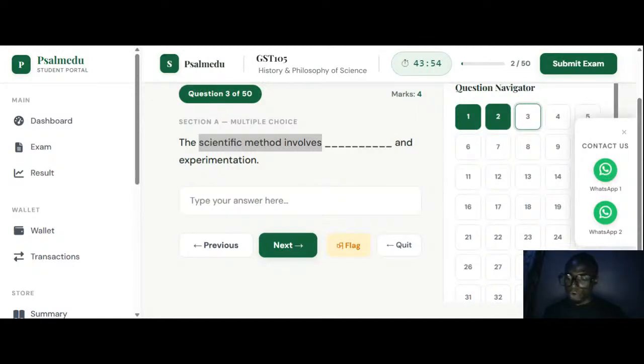Do we have any clue what we should write there? Observation, according to Grace. She's saying observation. We're supporting her, or what else should we write there? Dash and experimentation.